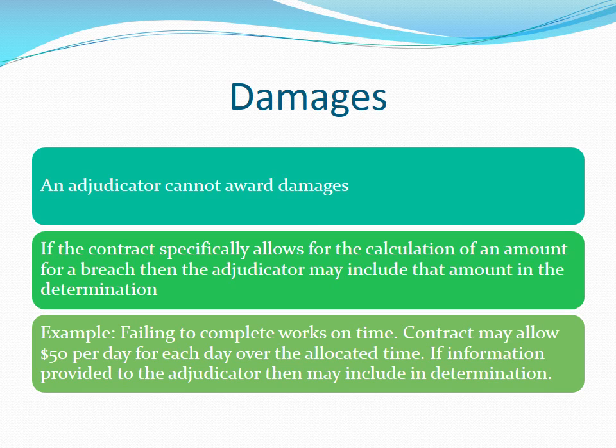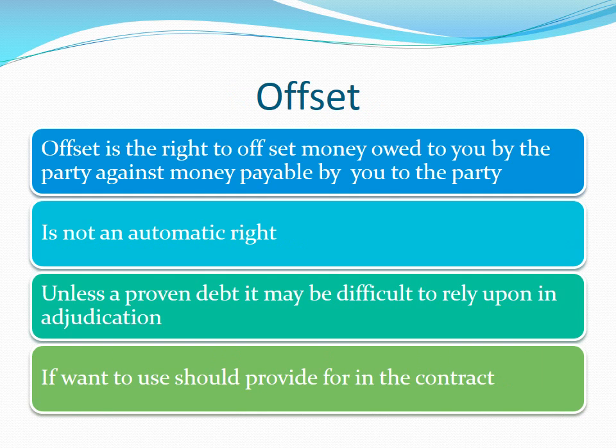This now leads us to consider the concept of offsetting. The right to offset is another area where parties tend to be confused as to how it works. Firstly, offset is the right to offset money owed to you by the party against money payable by you to that party.